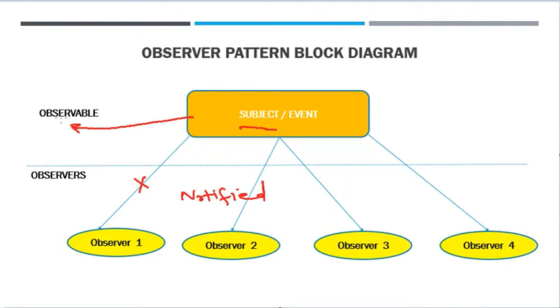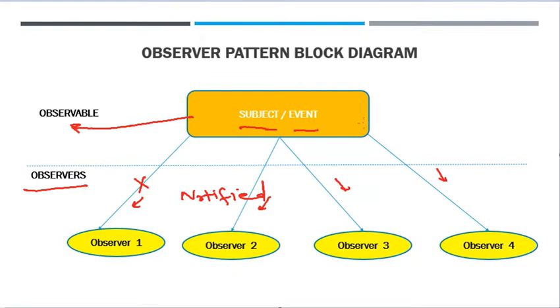It means that the subject is the object that is to be observed, that is under the scanner of the observers. As soon as some event happens in the observable, or the subject changes state, all of the observers are notified about this change, and that's the basic concept of the observer pattern.